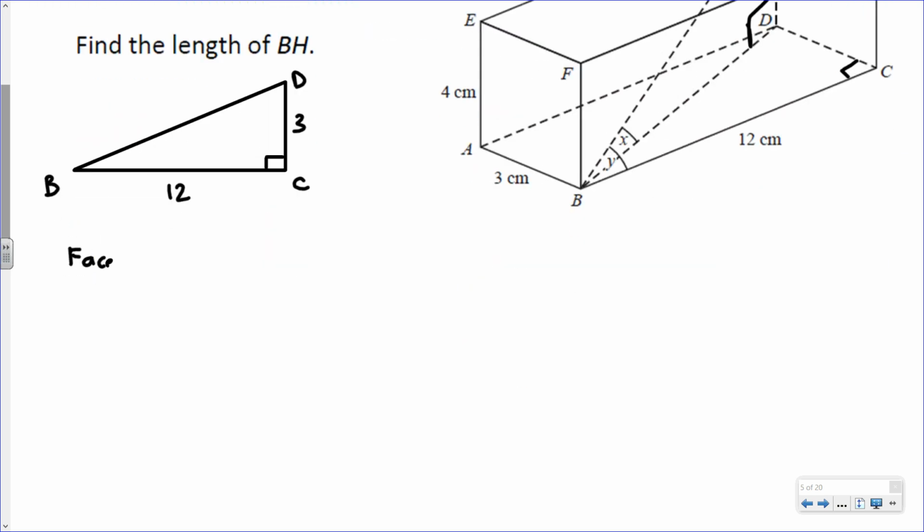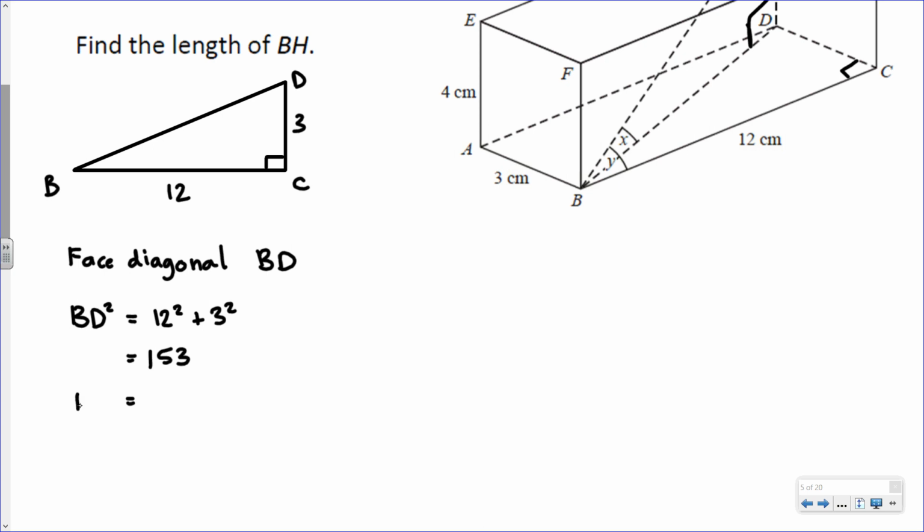So we are going to do Pythagoras here, work out this face diagonal, B to D. So I can see that B to D is in fact the hypotenuse. So I'm going to square the two short sides and add these two short sides together to give me 153.